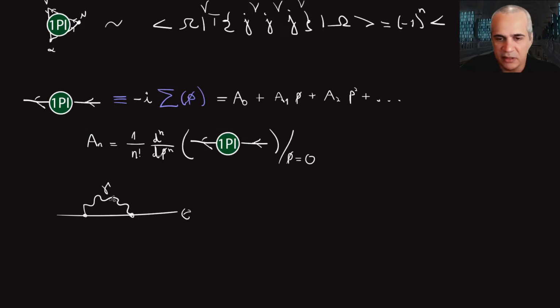And this loop has problems also when the photon is too soft, right? If you put momentum really close to zero for the photon here, since the photon is massless, there will be another kind of divergence, which we called infrared divergence, right?